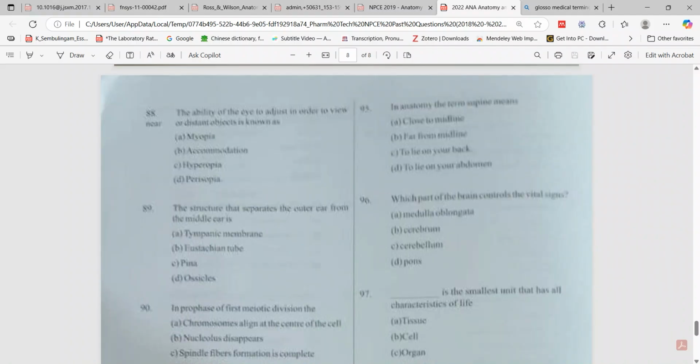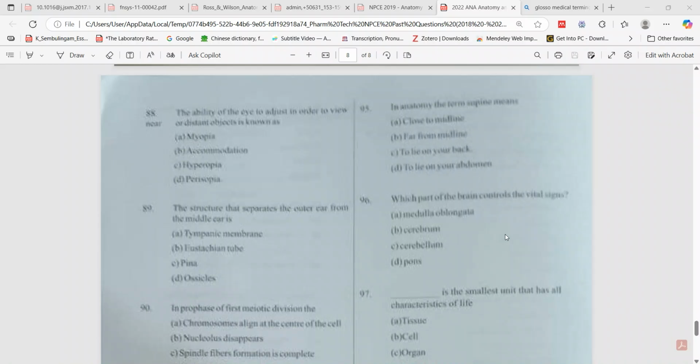The ability of the eye to adjust in order to view near or distant objects. Pretty straightforward. Accommodation.